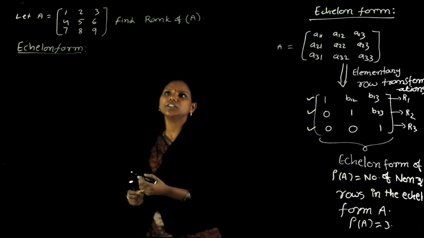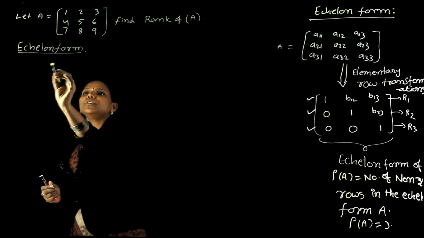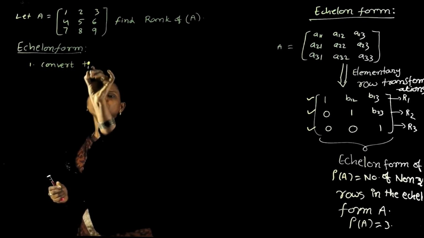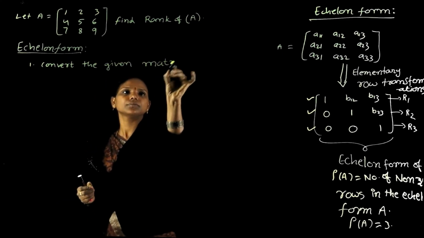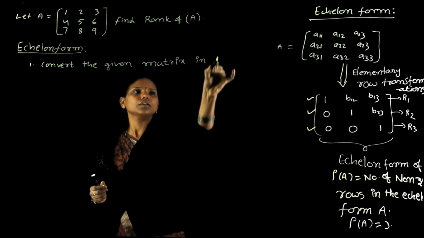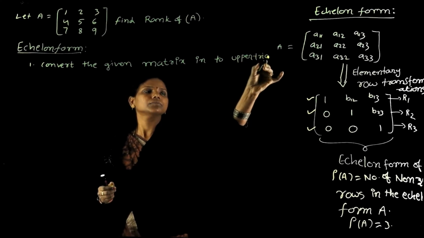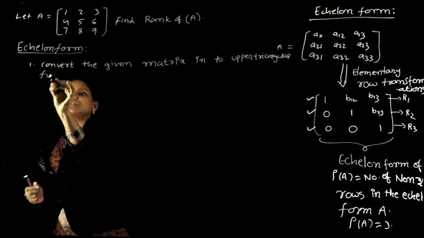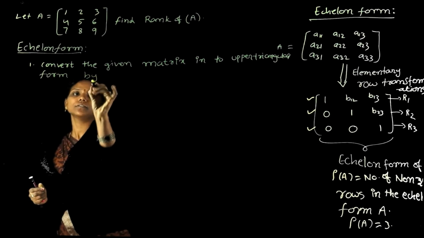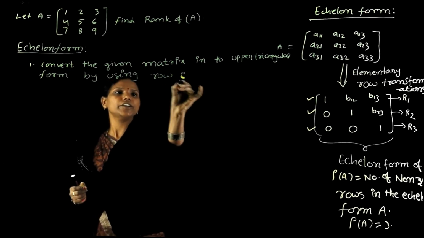Let me convert this matrix into echelon form. Echelon form is nothing but converting the given matrix into upper triangular form by using row elementary transformations.